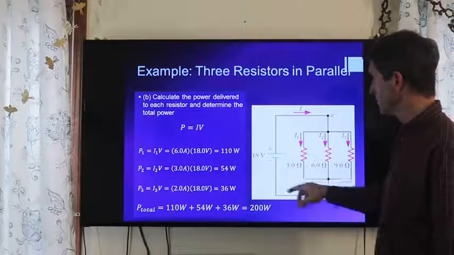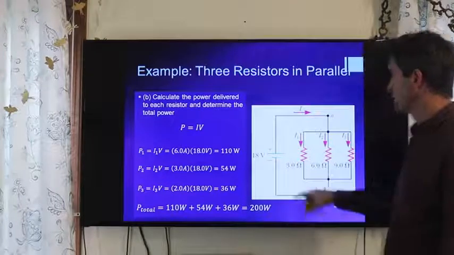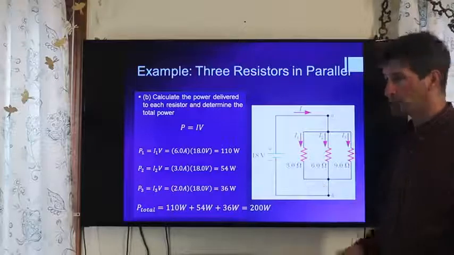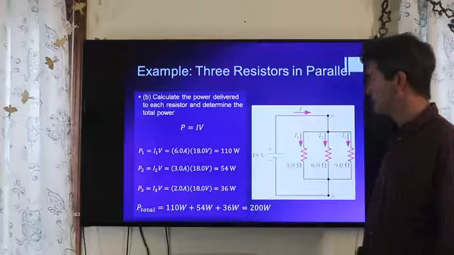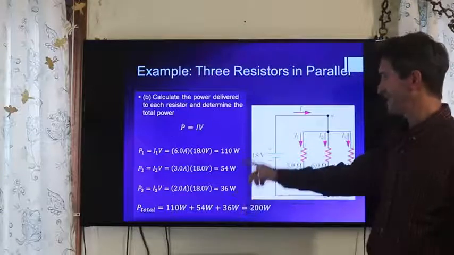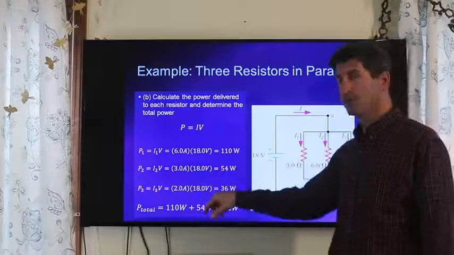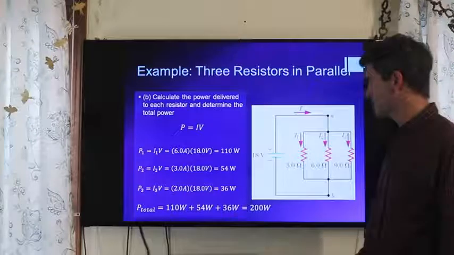The first resistor, 110 watts. Second resistor, half the amount of current, half the power, 54 watts. Final power, hopefully I said watts up here. I have current times voltage, only 2 amps, 18 volts, 36 watts.